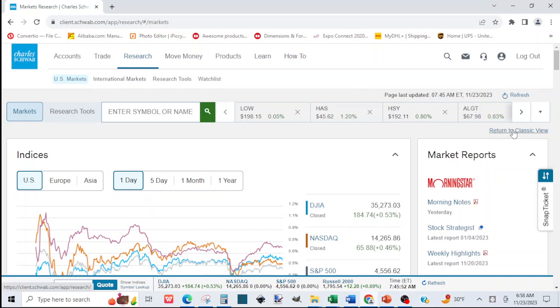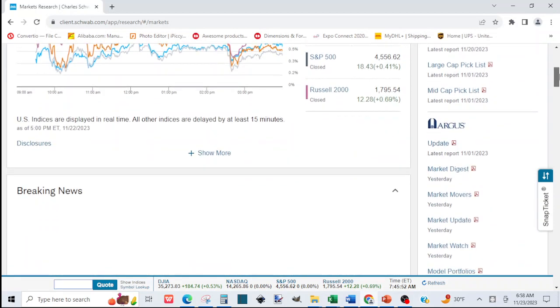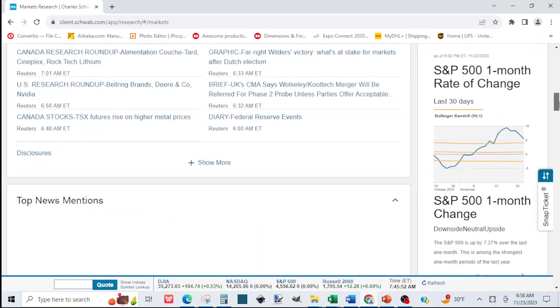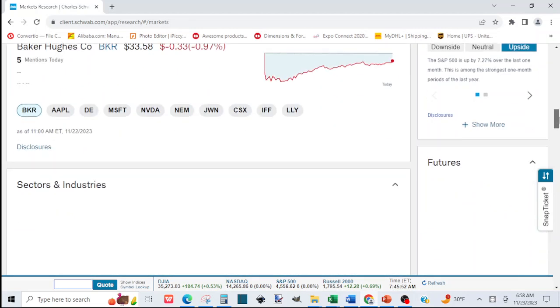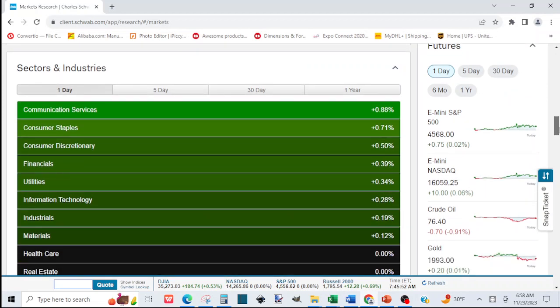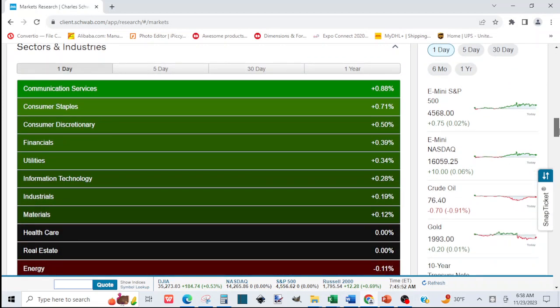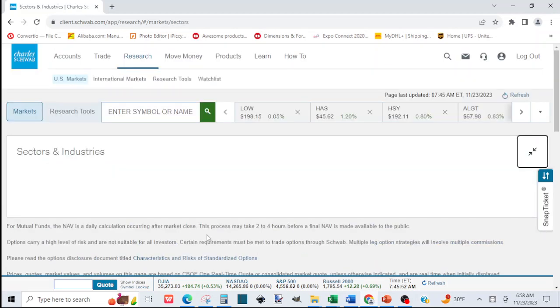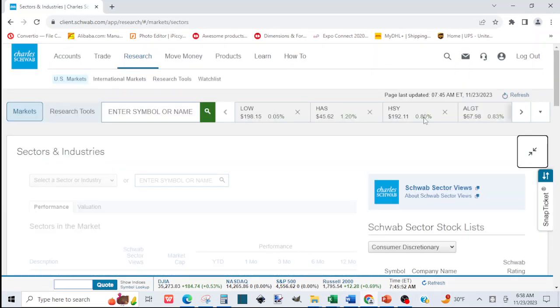If you have that option, you will be able to look for dividend stocks in the modern view as well, by just scrolling down to see the sectors and the industries. And when you see the sectors and the industries, you will click on show more and you'll be able to go from there.